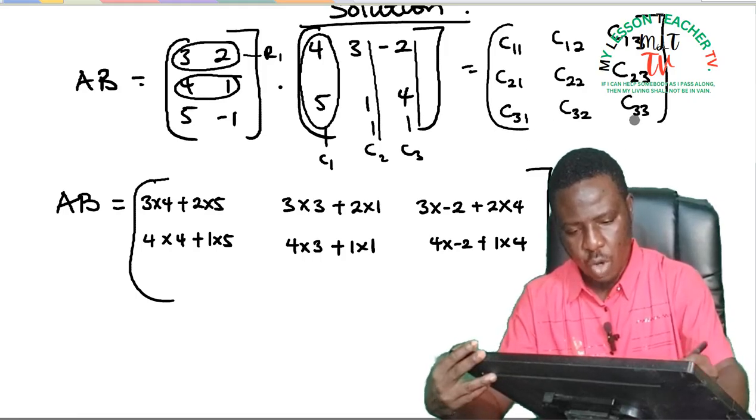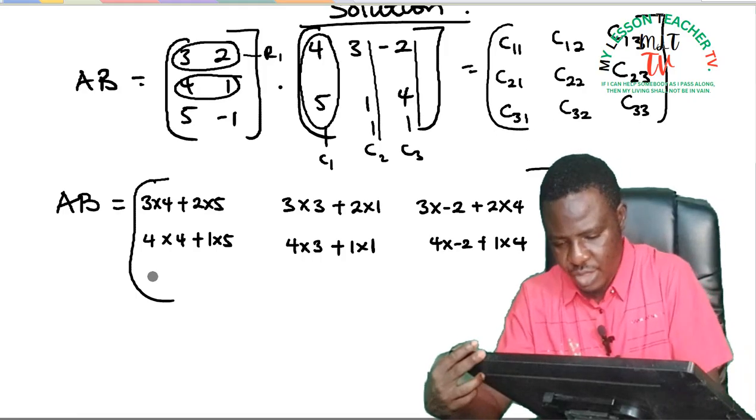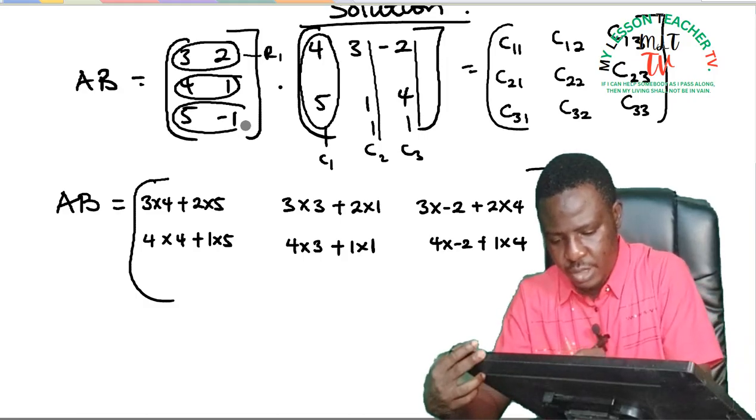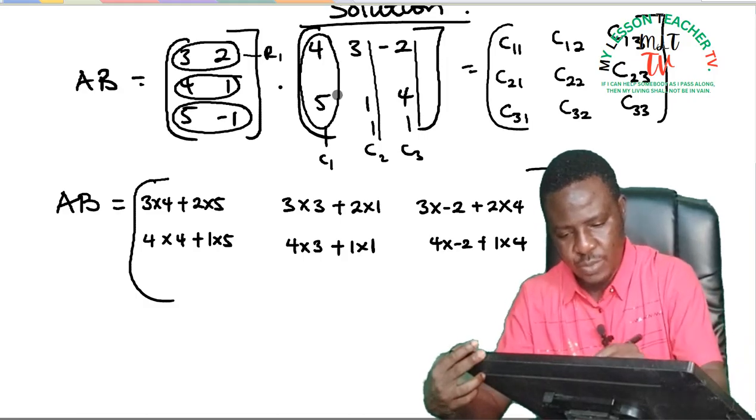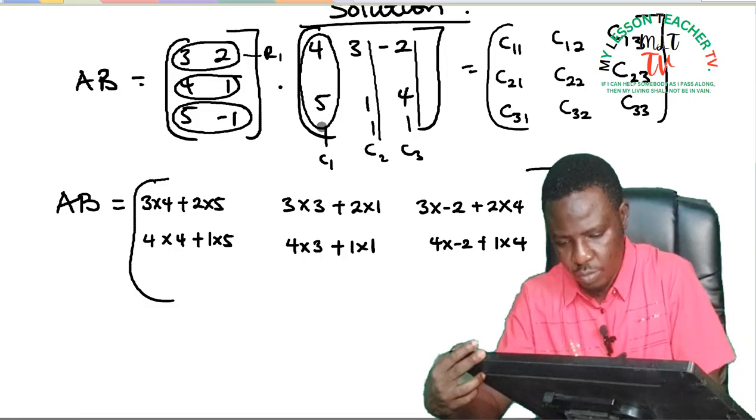We move to the third row of the new matrix, which will be multiplied by the first column.